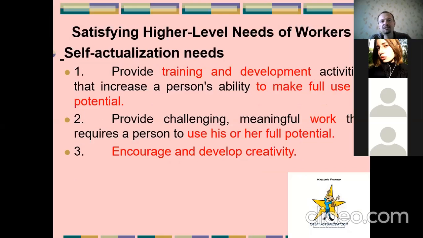So to satisfy all these needs, you just have to understand what the person likes to do, and delegate the tasks to this very person, which help the person to complete the activity he or she likes to do.